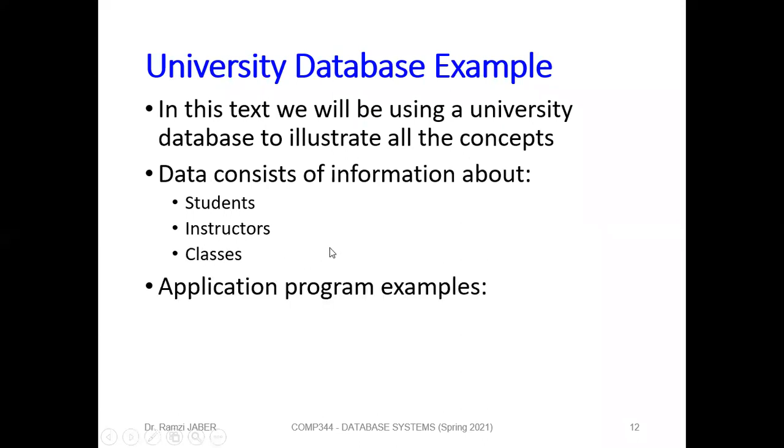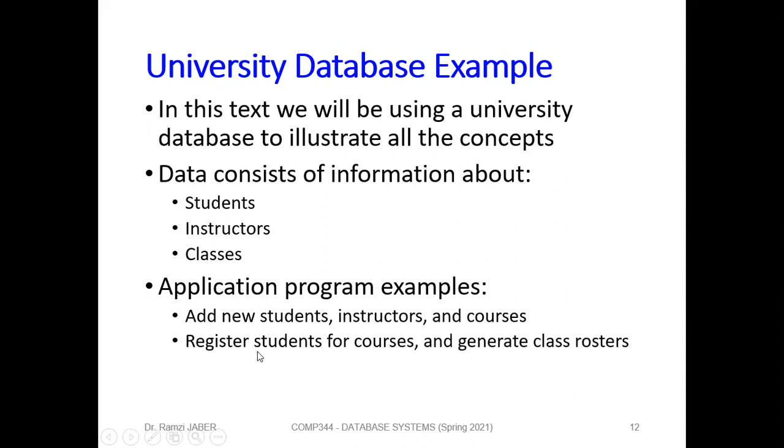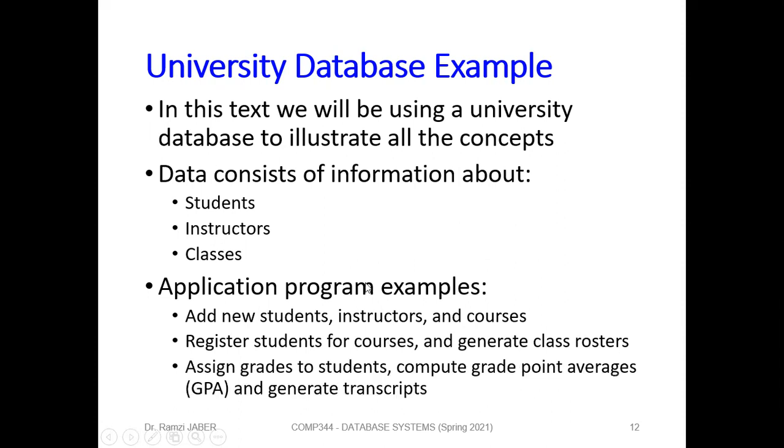The application program examples: how to add new students, new instructors, and new courses, how to register students for any course and generate a class roster. Also, assign grades to students, compute the grade point average GPA for each student, and generate transcript reports. We'll talk about this in the following chapters.